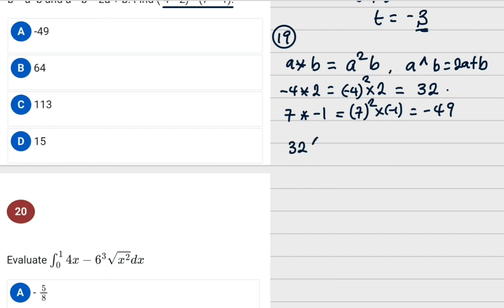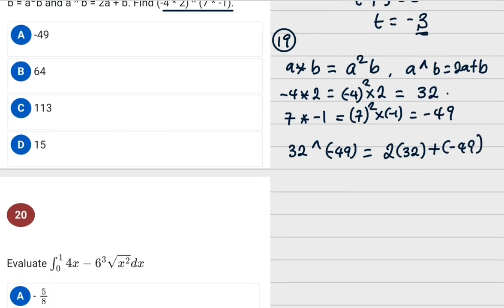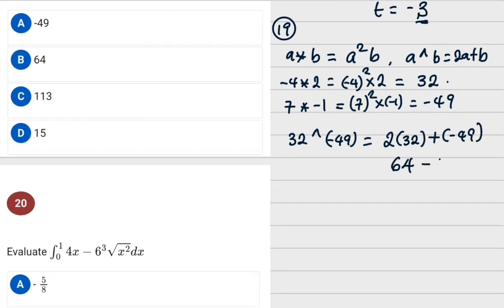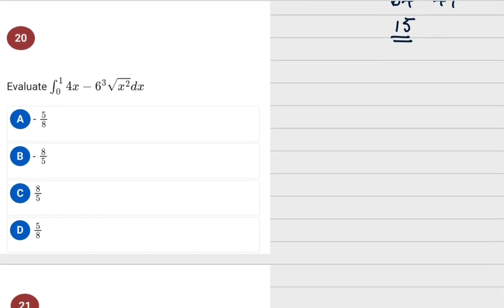Now I'm replacing them: the bracket 32, then we have -49, and this is going to be 2 into 32, then plus -49. So this is going to be 64 minus 49, which is equal to 15. So if we check, the option is there, and the option is D, which is 15.